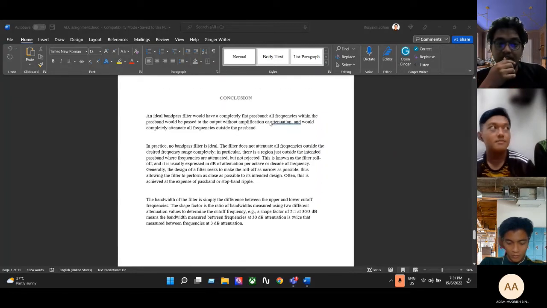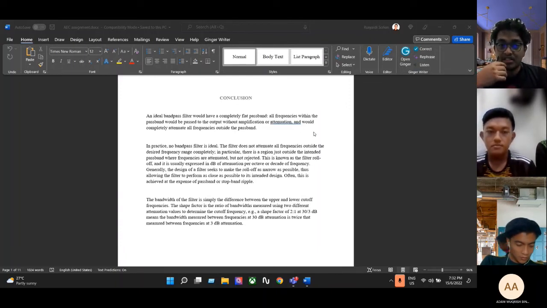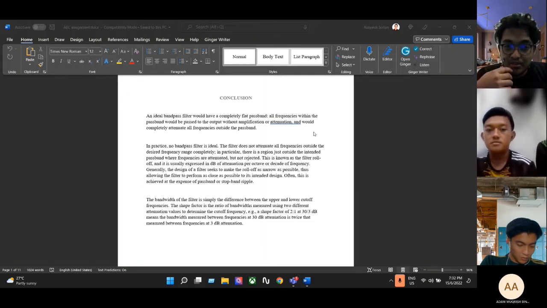So for the conclusion, an ideal bandpass filter would have a completely flat bandpass. All frequencies within the bandpass would be passed to the output without amplification or attenuation, and would completely reject all frequencies outside the bandpass. In practice, no bandpass filter is ideal; the filter does not attenuate all frequencies outside the desired frequency range completely.